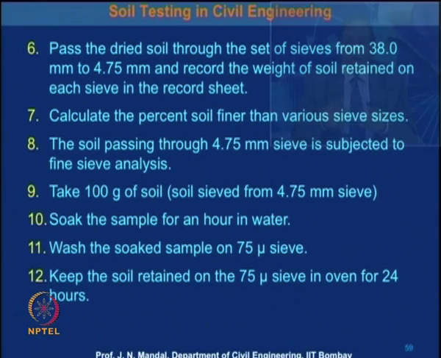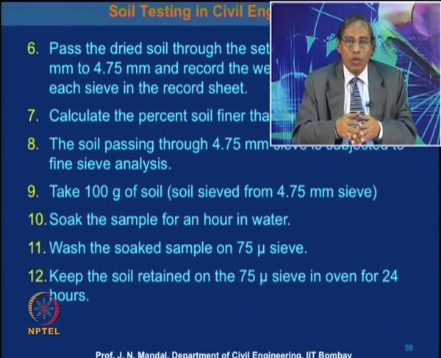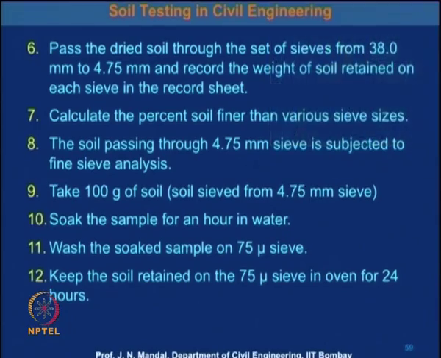Take 100 grams of soil passing the 4.75 millimeter sieve, then soak the sample for an hour in water. Wash the soaked sample on the 75 micron sieve. Keep the soil retained on the 75 micron sieve in the oven for 24 hours.